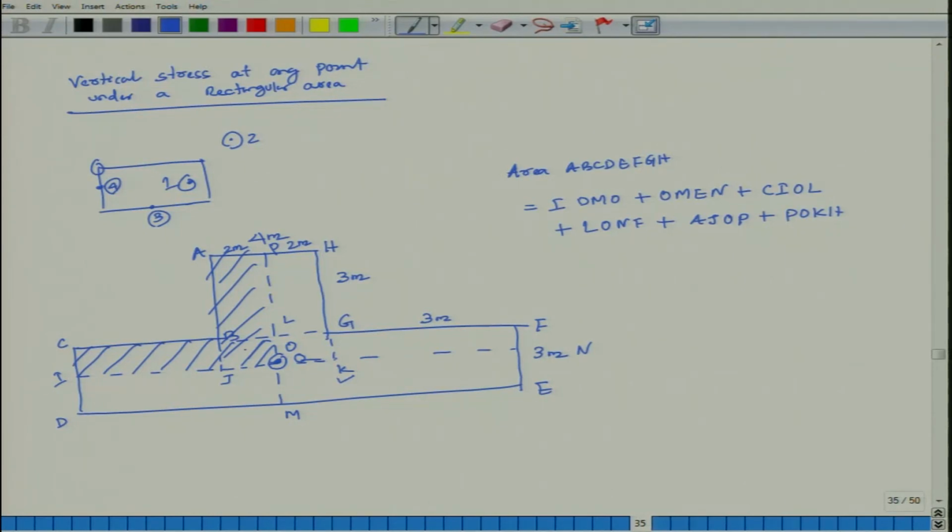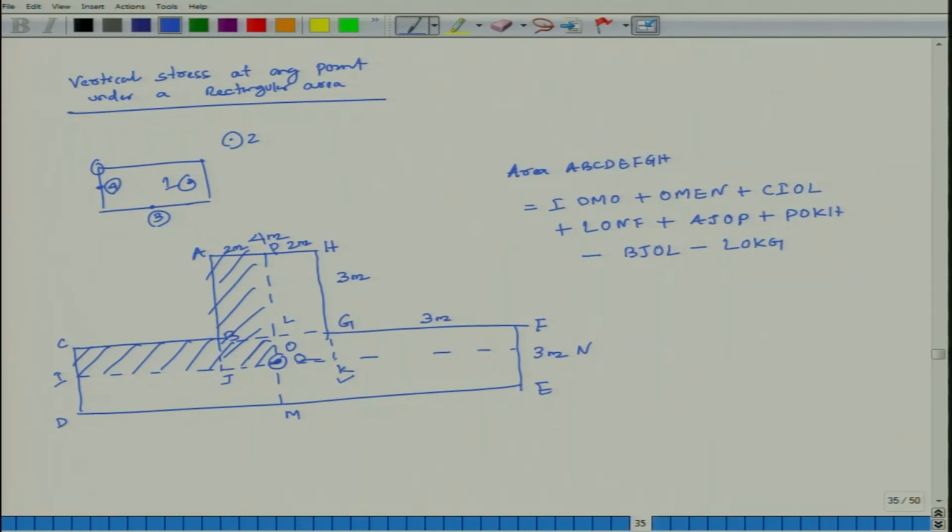Similarly, this strip and this strip I am considering, this area is coming twice. Then it has to be deducted: minus BJOL, minus LOKG. This is how you are going to do it.